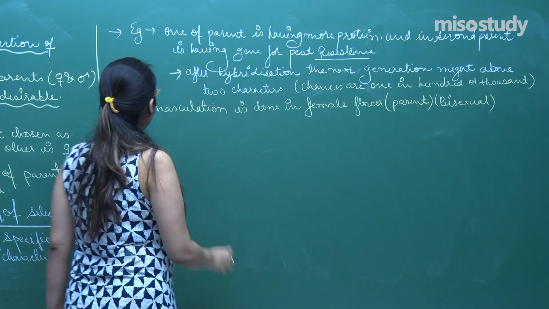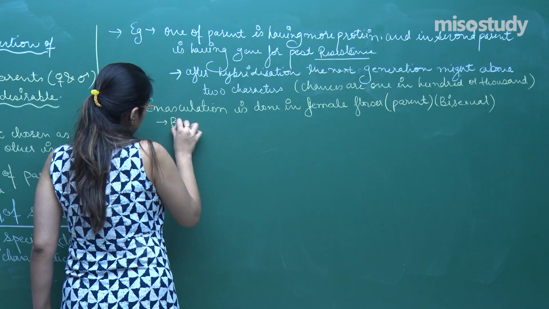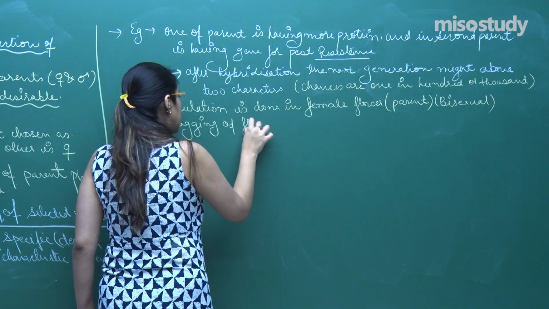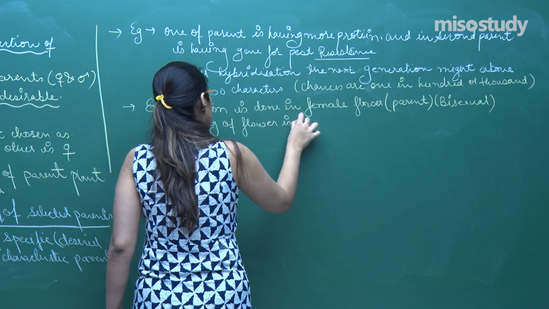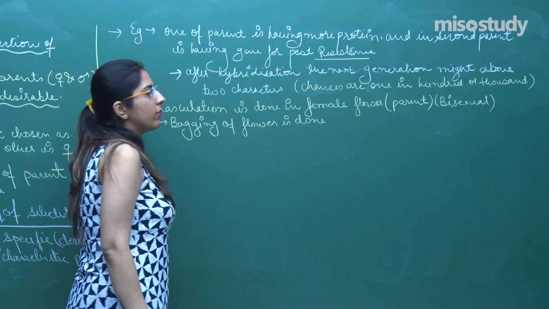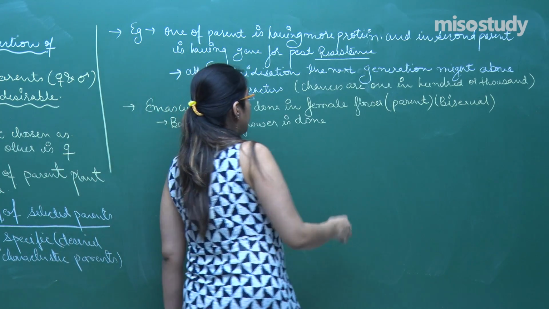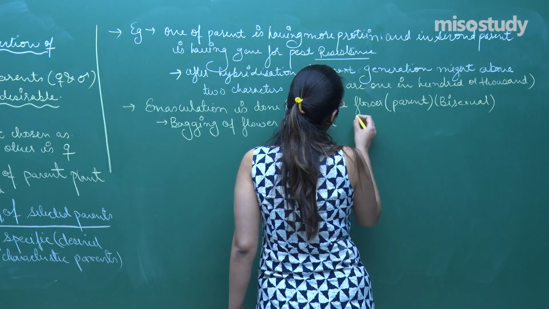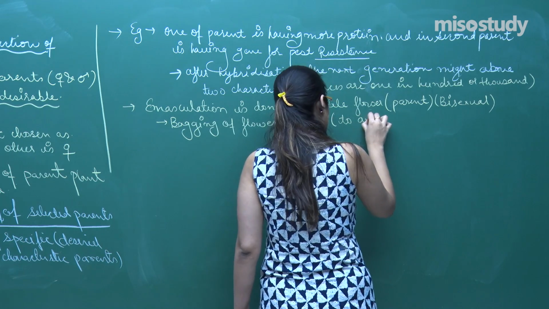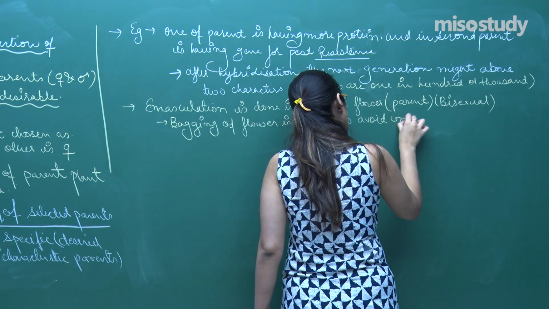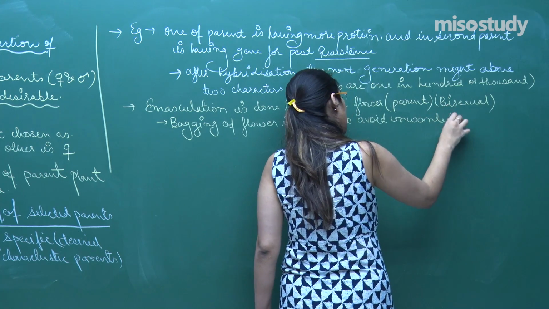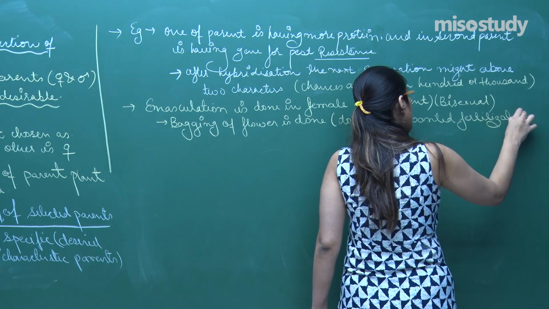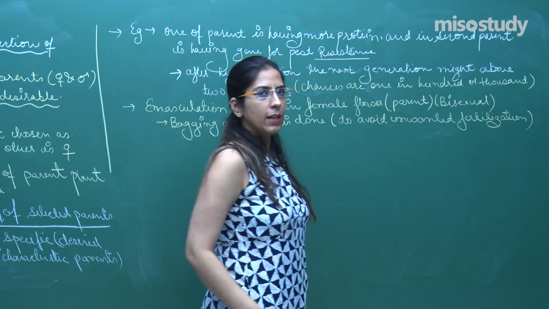Later on, the bagging of flowers is done. Why is this bagging of the flowers done? To avoid unwanted fertilization, right?